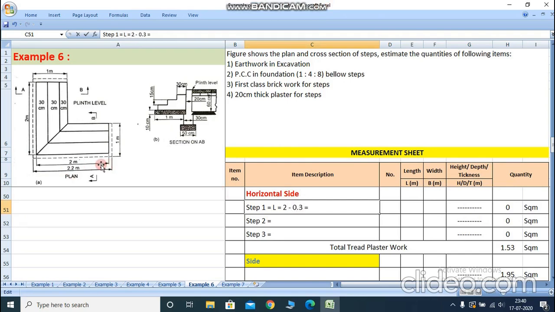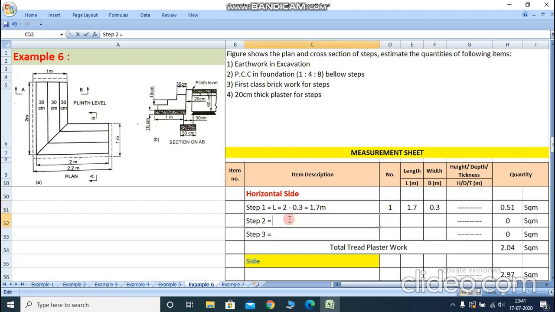How to get 2 minus 0.3? Here 2 meter minus this portion, which is calculated in the vertical side. This 0.3 by 0.3 portion is calculated, so the 0.3 value is subtracted from the 2 meter. So the total length is 1.7 meter. Now the number is 1, length is 1.7 meter, width is 0.3.